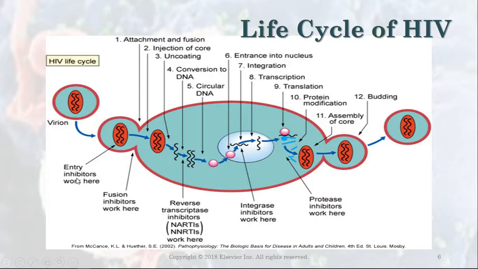Your entry inhibitors work by preventing the virus and the host from interacting. It stops that connection, that attachment, and that fusion. Your fusion inhibitors, if they do have an interaction, will prevent it from actually fusing itself to your CD4 cell.